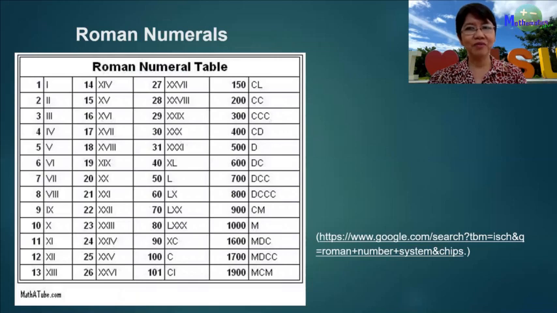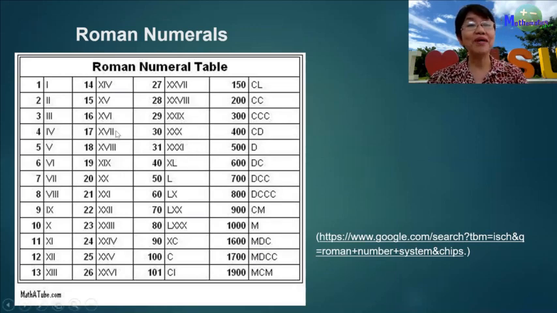And here is the more familiar Roman numerals. We have the Roman numeral table from 1 to 1,900. Since we are familiar with that, we use that in outlining, but of course we don't use Roman numerals in computations.